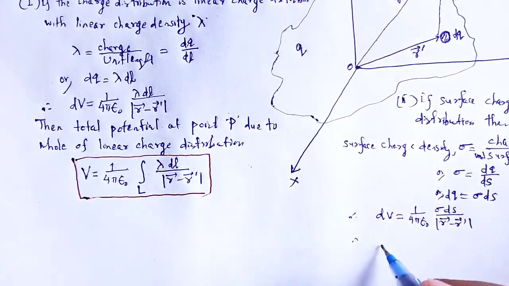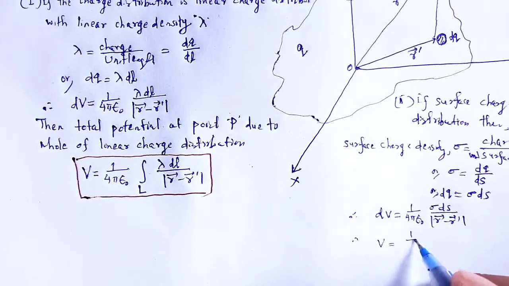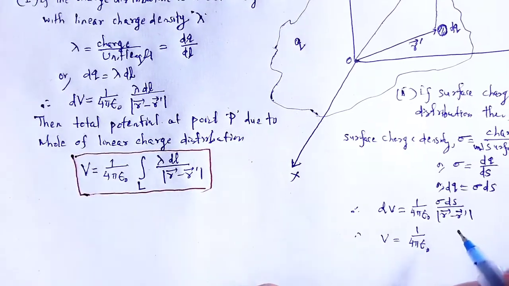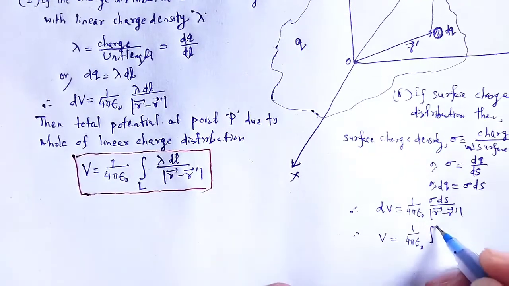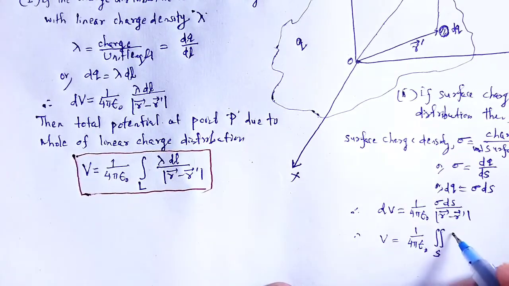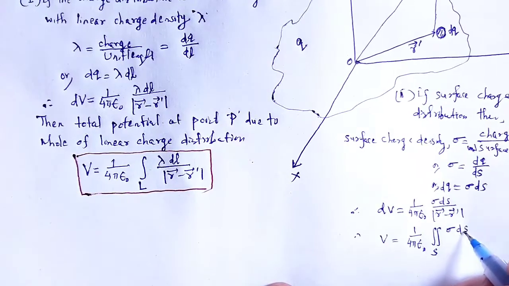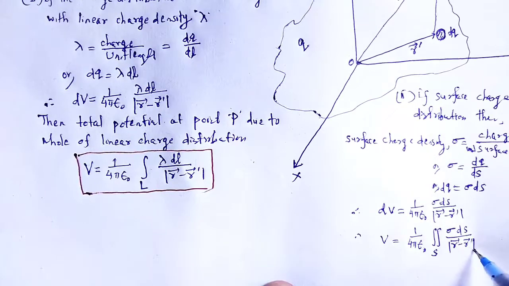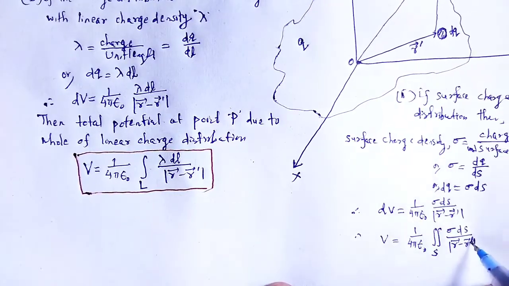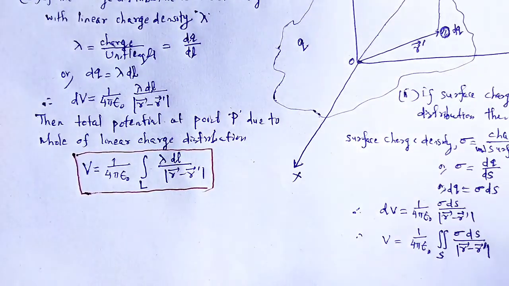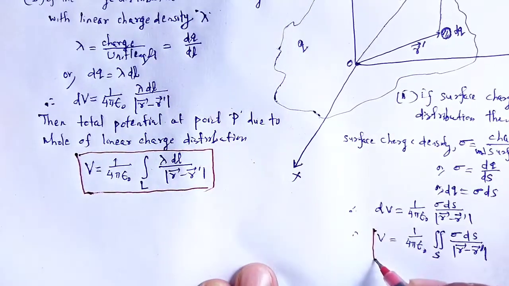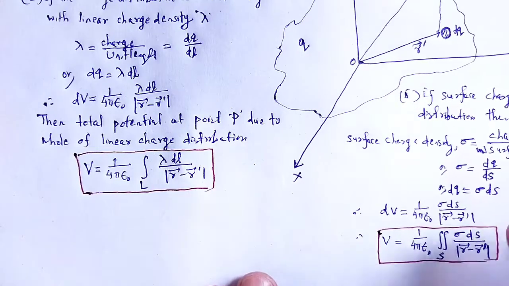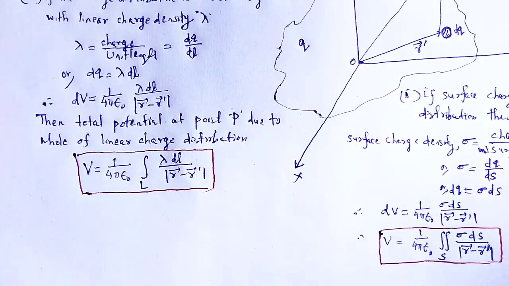Again, the total potential V is equal to 1 by 4 pi epsilon naught, the surface integration over the surface S of sigma ds divided by the magnitude of r minus r dash. For a continuous charge distribution, the summation is changed to integration. That is the total potential at point P when the charge is distributed surface wise.